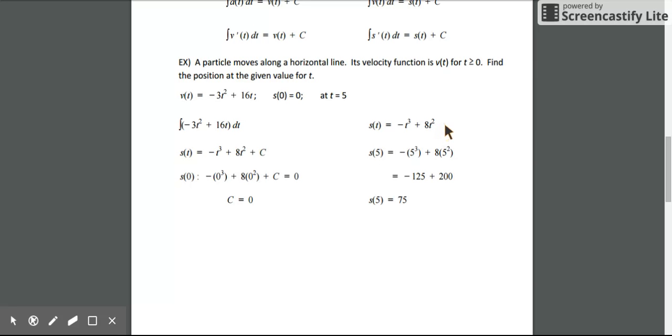We could write plus 0, but it's not necessary. Now we have our position function, and we want to find the position at t equals 5. I'm just going to substitute 5 into my position function and solve. And so the position at t equals 5 is 75.